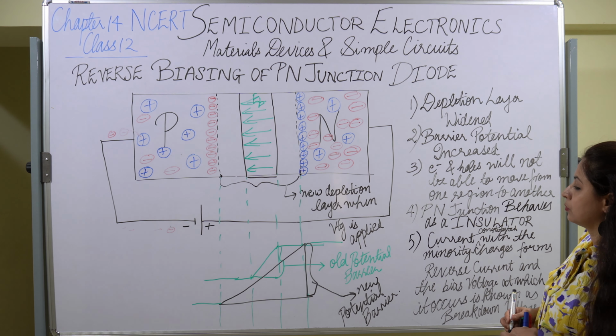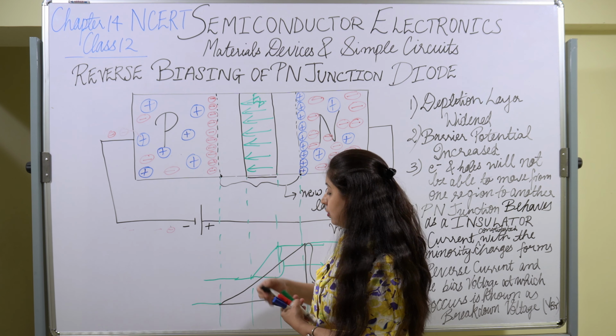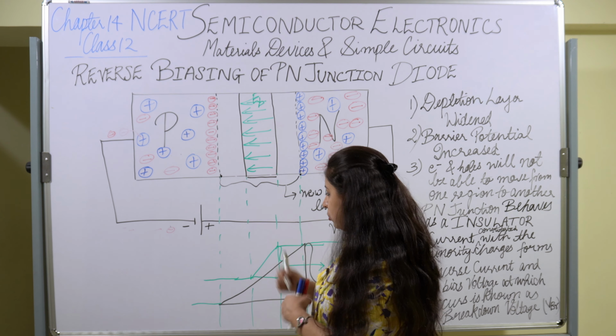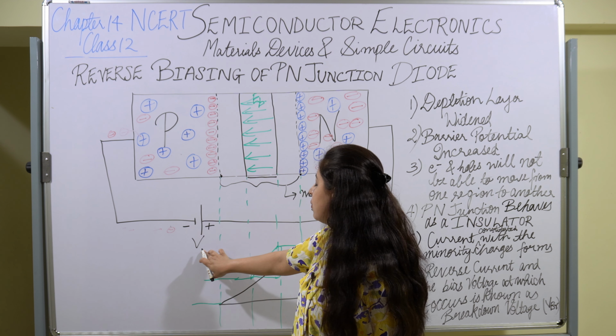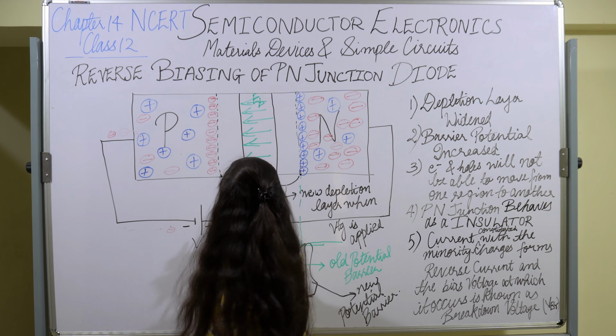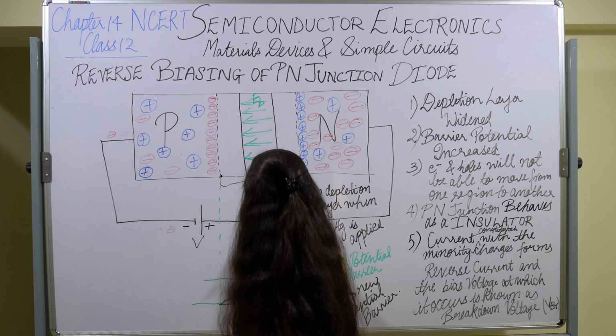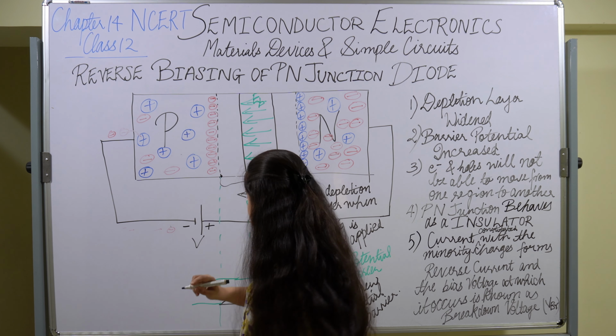Okay, this is termed as the bias voltage, which means we are applying the voltage over here. So actually over here my V will also be in this direction.